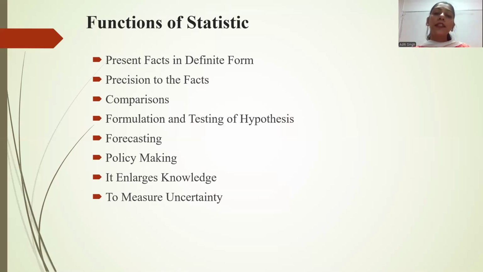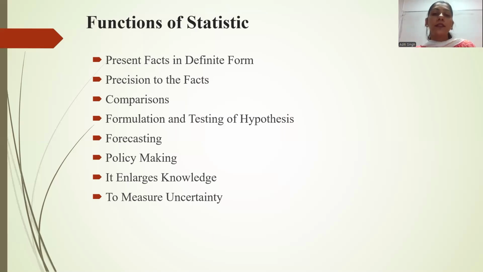So comparison is one of the main functions of statistics, as the absolute figures convey very less meaning. So if we have to find out the relationship between two variables, one the independent variable and the other the dependent variable, we can do it with the help of statistics, with the help of correlation.